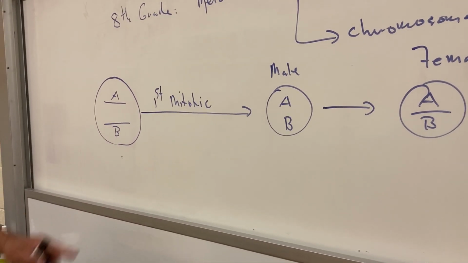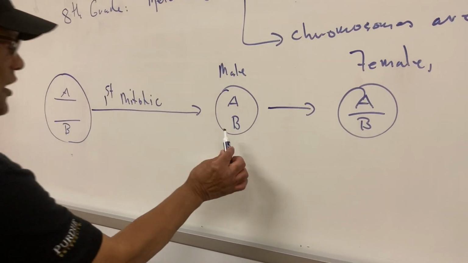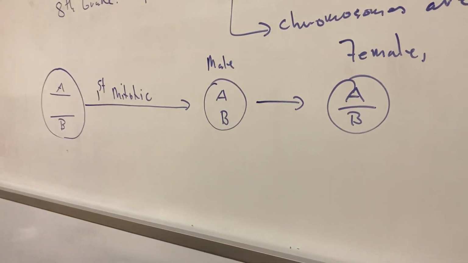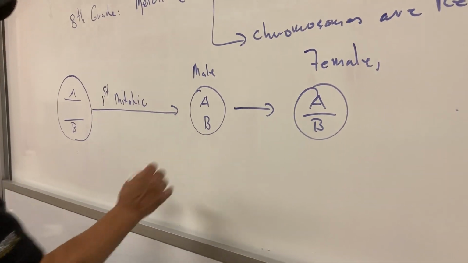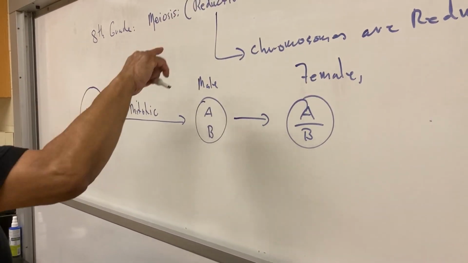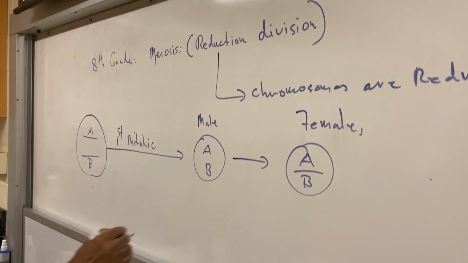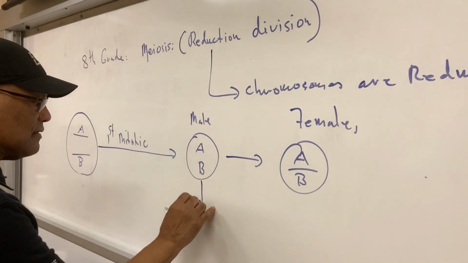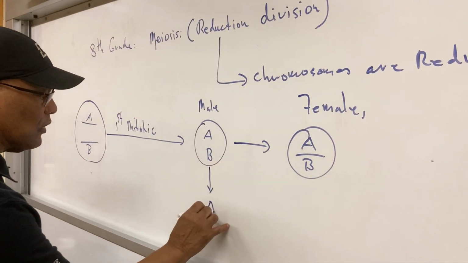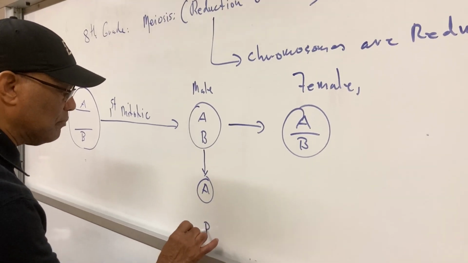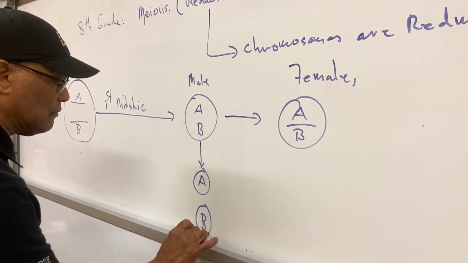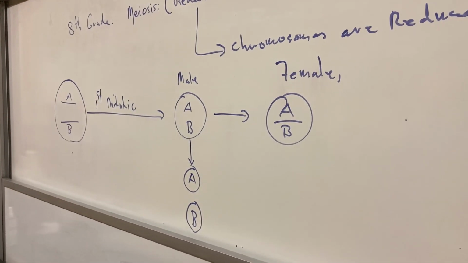But what's going to happen in meiosis, each one of these cells is going to undergo what we call a reduction division, where this cell will form an A and it will form a B, just as you did in mitosis.